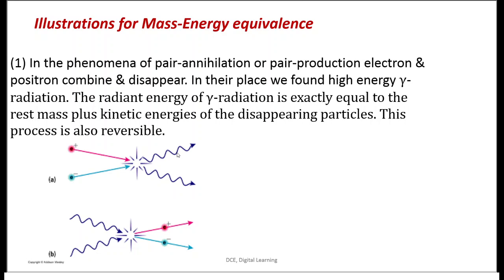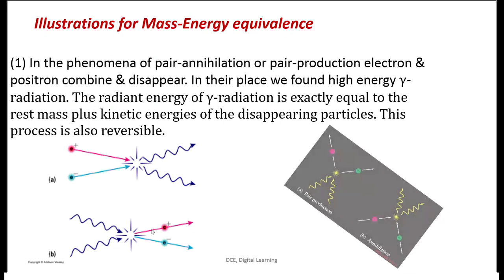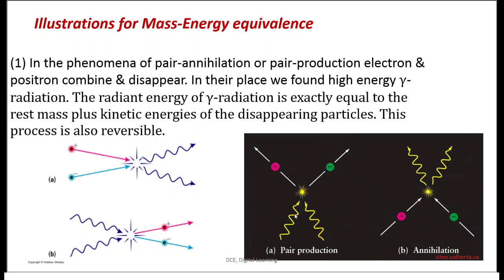This is one way. On the other way, when two high energy gamma radiations combine, this is called pair production. This is pair annihilation. Here is pair production. They combine together to form a positron and an electron. This is shown in the other diagram also.